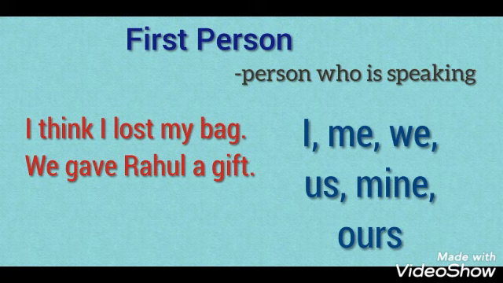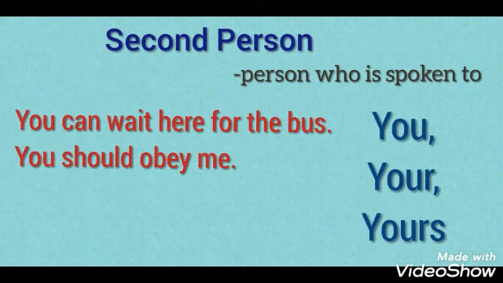So here we is in first person. In those two sentences, I and we are in first person. Here you can see in that box, I, me, we, us, mine and ours are all first person pronouns.